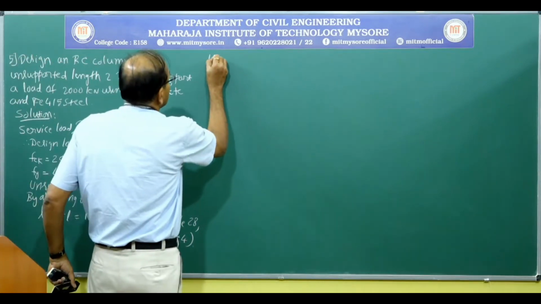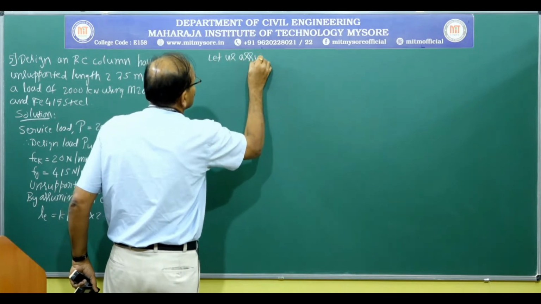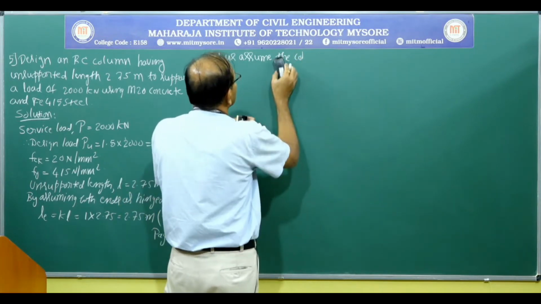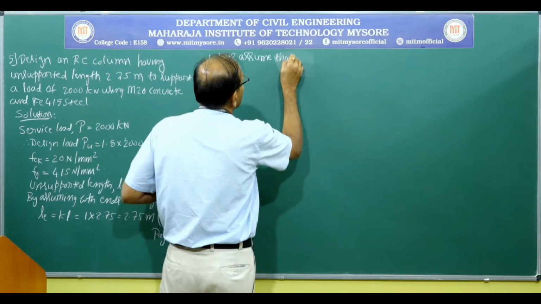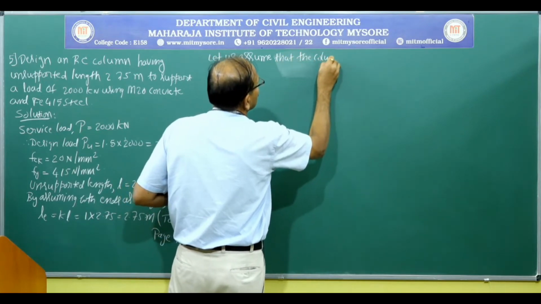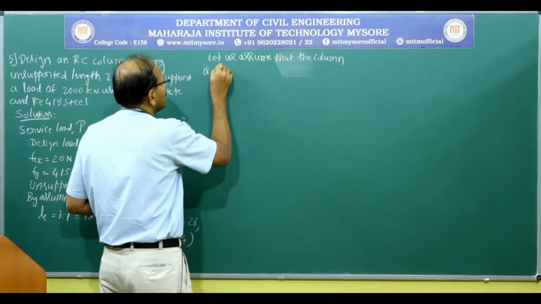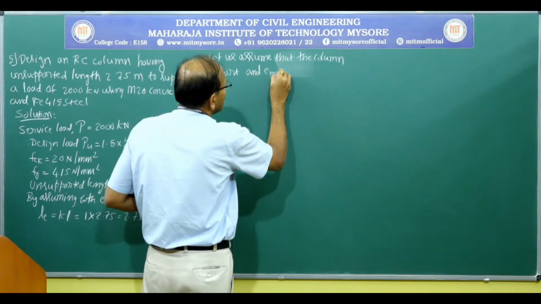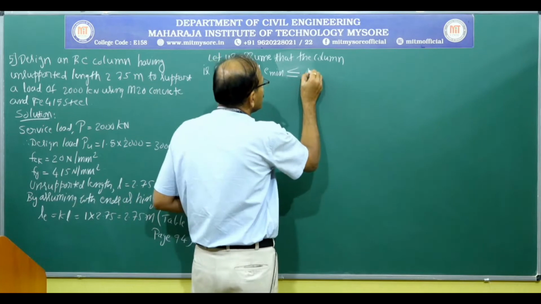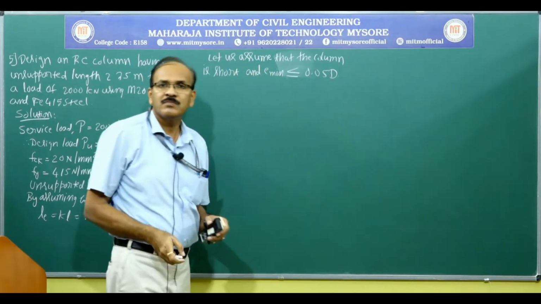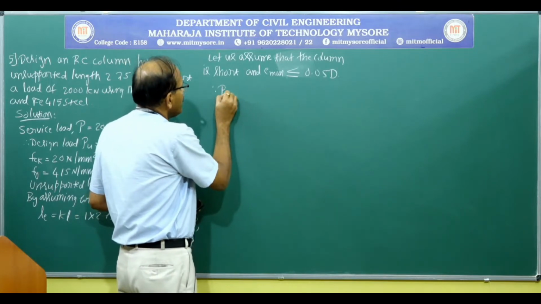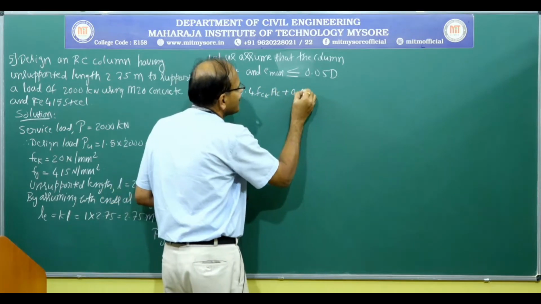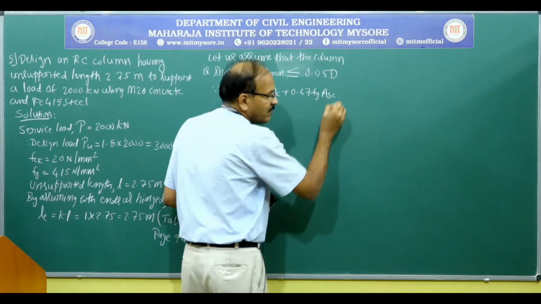So let us assume that the column is short and E minimum is less than or at most equal to 0.05 D. Therefore, PU equal to 0.4 FCK AC plus 0.67 FY ASC.